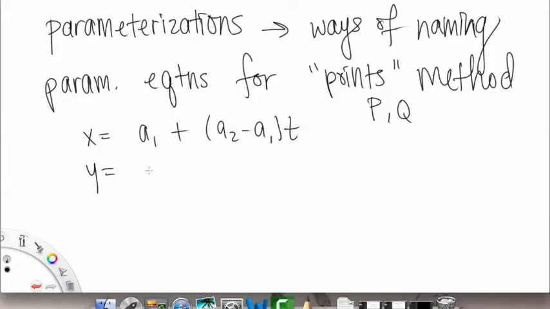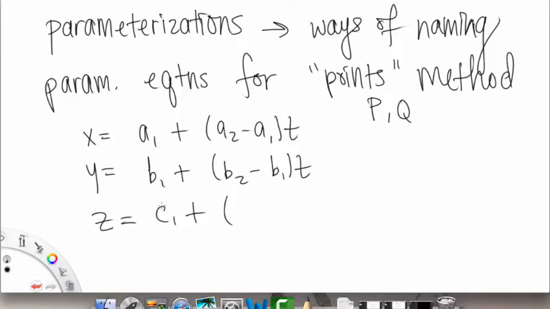And then y equals b1 plus (b2 minus b1) t, and they're all going to have the same structure, same pattern here. And then the last one is your z coordinate, given by c1 plus (c2 minus c1) t, and that was from OP, and then we had OQ minus OP.